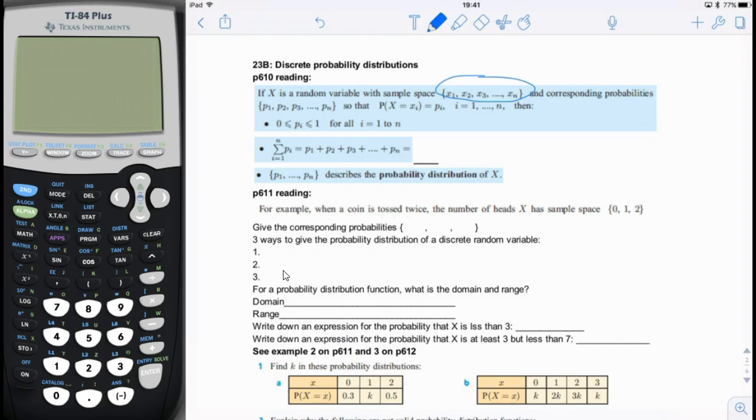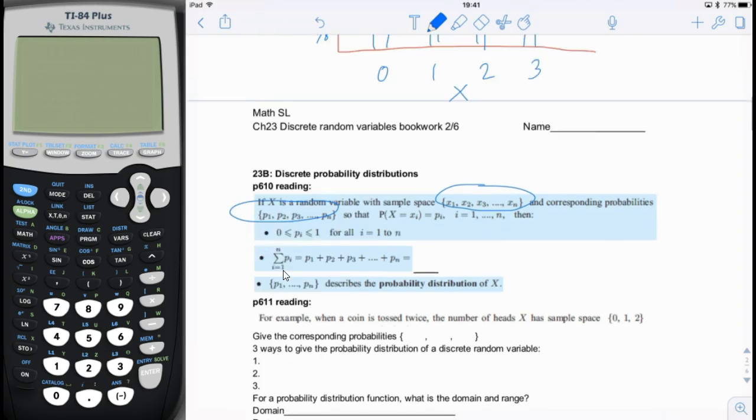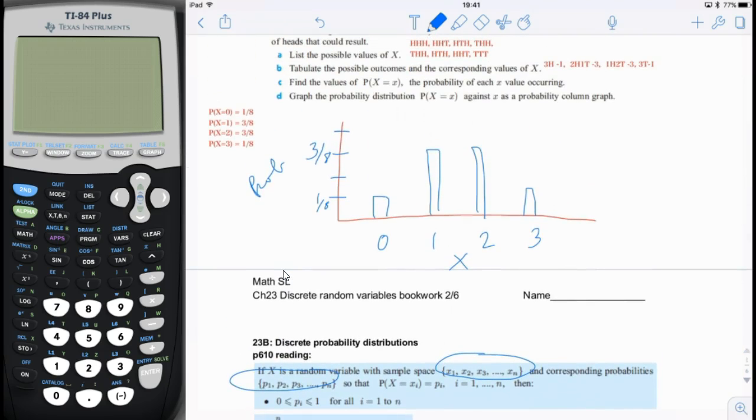And the corresponding probabilities are P1, etc., all the way to P subscript n, so that the probability of the random variable x taking on a value xi, x sub i, equals P sub i. Okay, and that is a pretty complicated expression, but the only thing it's saying is basically this. Okay, so there is a set, and in this case, for the coins, the set is 0 heads, 1 head, 2 heads, 3 heads.